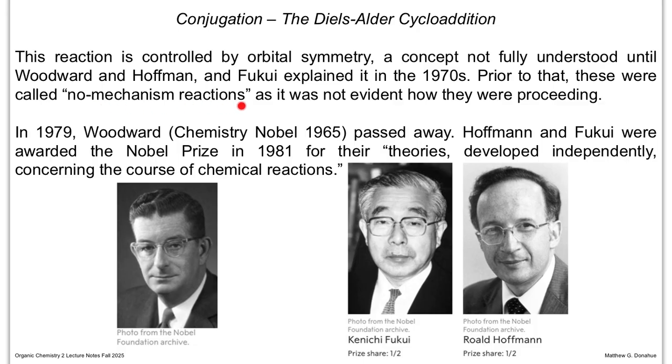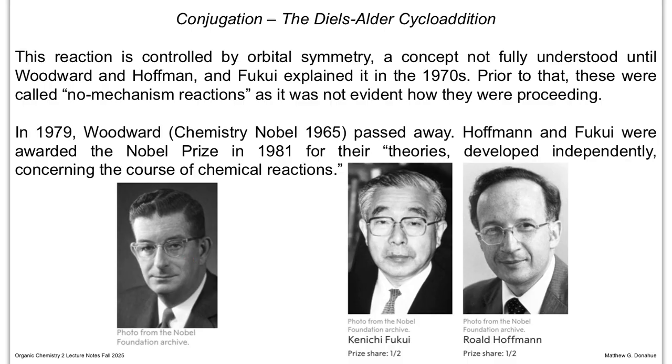So after Diels and Alder published their work, people didn't know how it happened, and it was generally referred to as a no mechanism reaction, meaning we just don't know. And then Woodward started thinking about the orbitals involved.